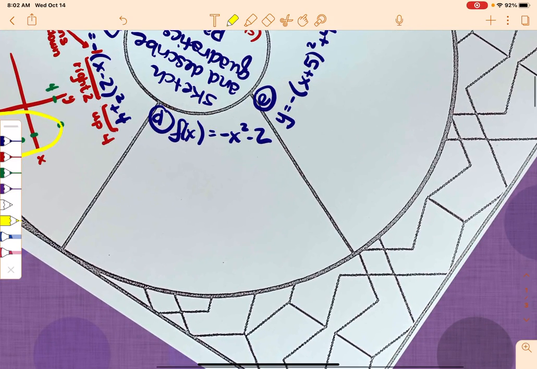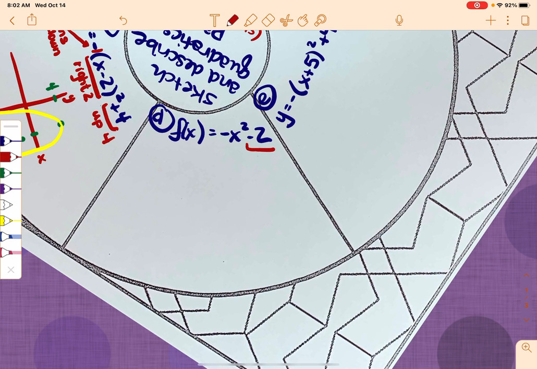So now I changed my naming to f of x. So f of x equals negative x squared minus 2. So let's do this part on the end because that's the easiest. That's going to go down 2. Now in front of the x squared there's a negative. I assume there's a 1 there. So that's another piece that tells you that it opens down.